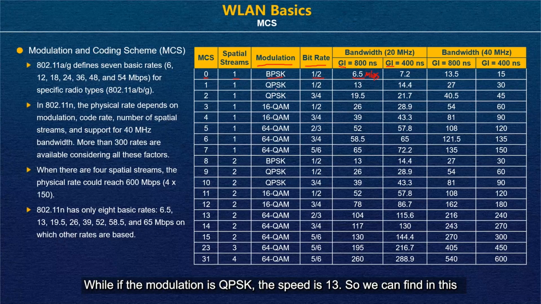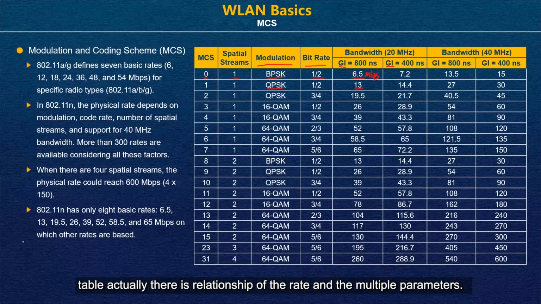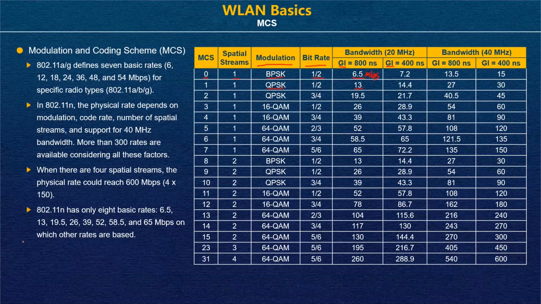While if the modulation is QPSK, the speed is 13. So we can find in this table, actually it's a relationship of the rate and multiple parameters here.